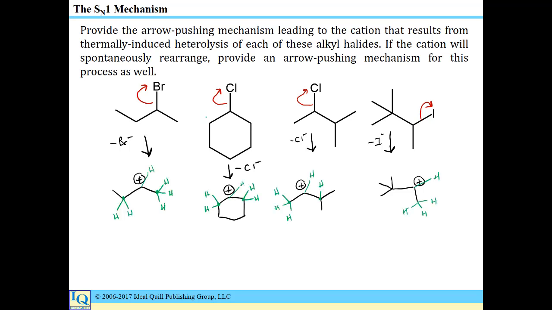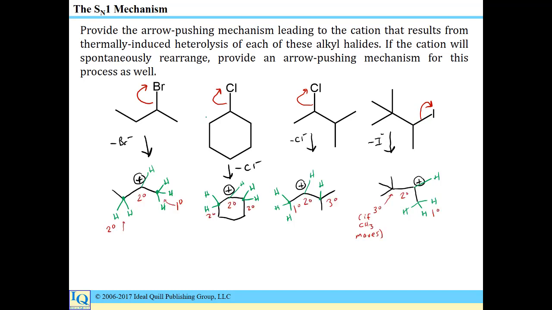Prior to making such an analysis, it is sometimes helpful to fill in the hydrogen atoms, at least on the cationic site, and the sites adjacent to the initial carbocationic site to which the positive charge may rearrange. And these hydrogens are shown in green on our diagram.